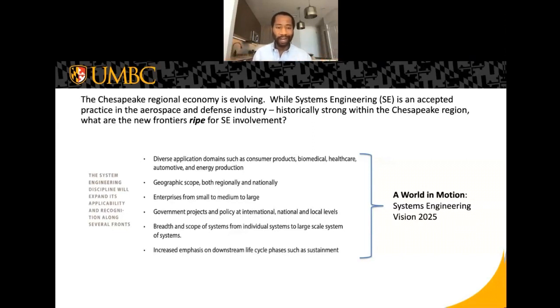I think that's been quoted or cited quite a bit in a number of the presentations this year thus far, that speaks to expanding the applicability and recognition of systems engineering across a number of dimensions: diverse application domains, enterprises from small to large, and breadth and scope of systems from individual systems to large scale systems of systems.